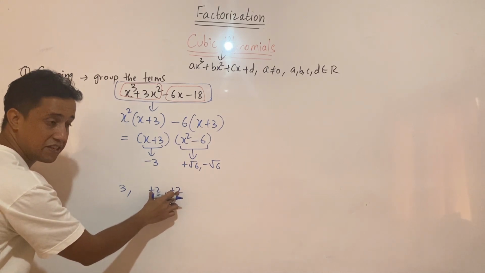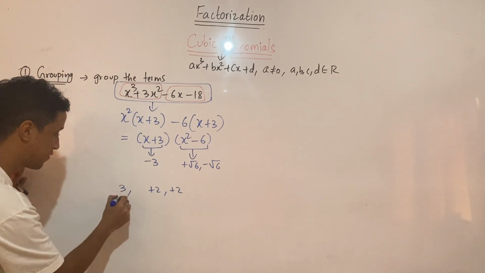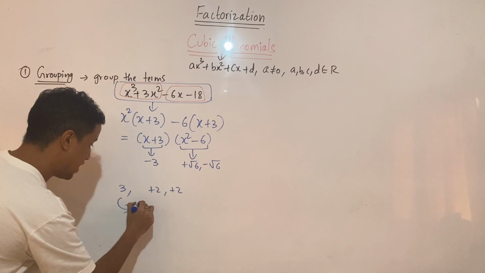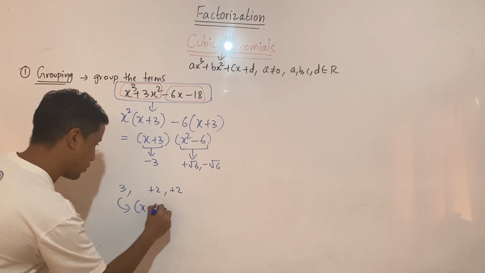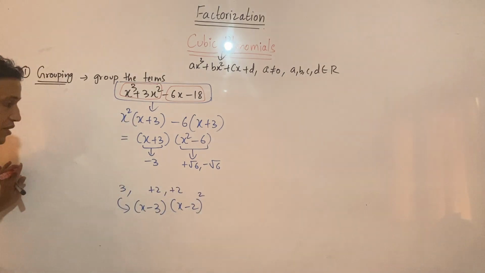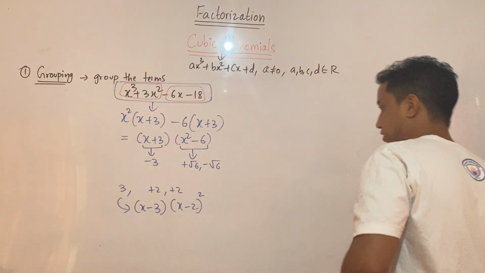A repeating solution is counted as one solution, and here we have one more solution. So when we write it in factor form, I will say x minus 3 and x minus 2 squared, meaning x minus 2 times x minus 2. I hope you got it.